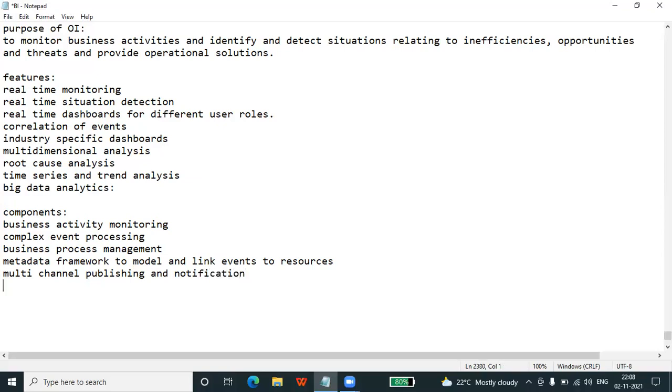Then dimensional database. Then root cause analysis. Then multi-protocol event collection.